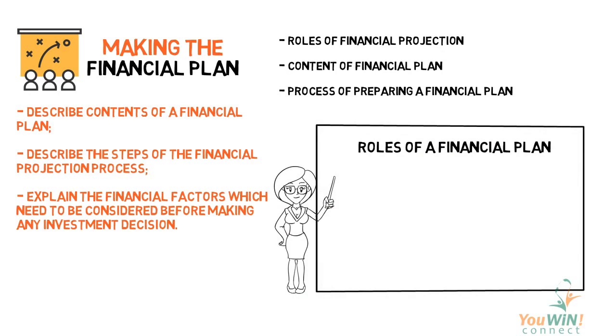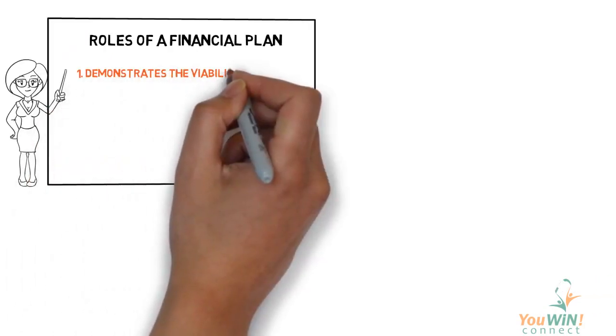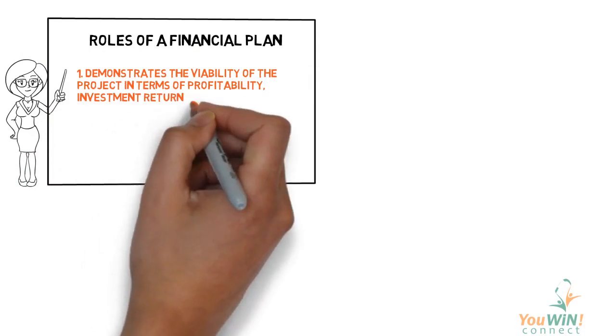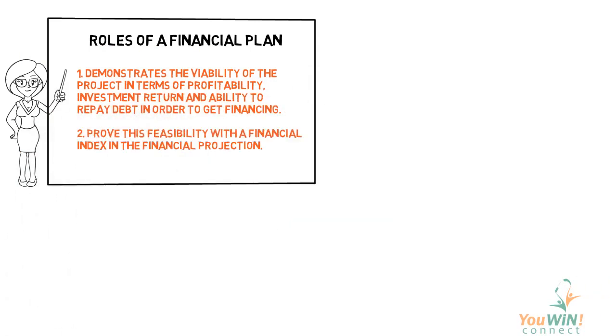A financial feasibility study has two broad sides. First, it demonstrates the viability of the project in terms of how profitable it is, the kind of return that we get from the investment, and the ability to repay debt in order to get financing.